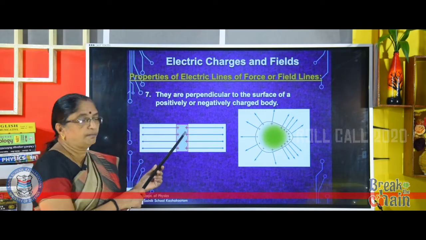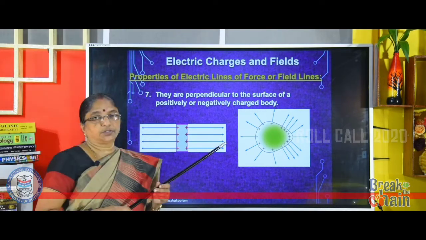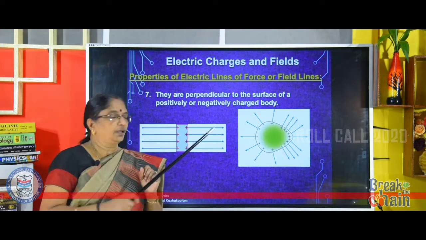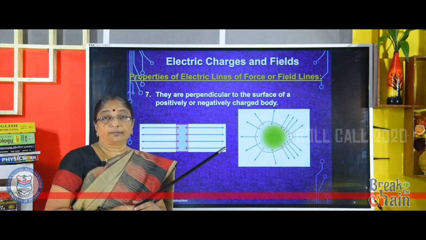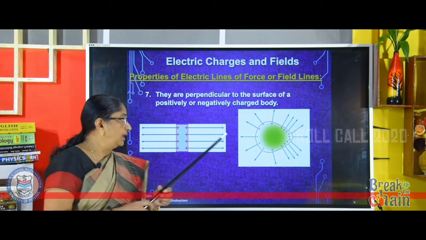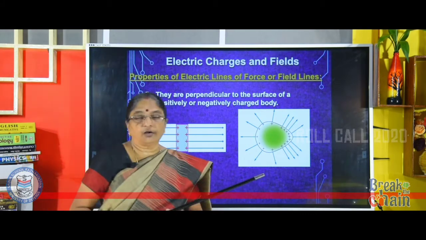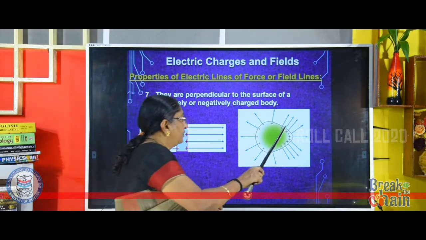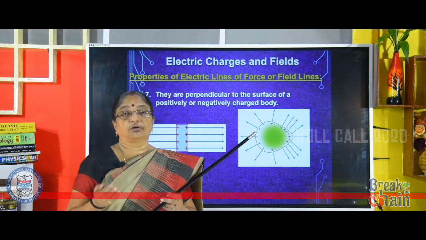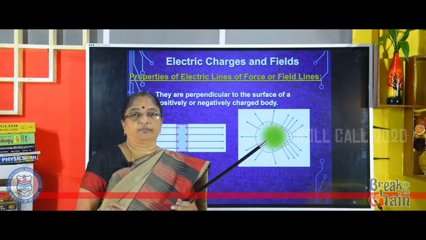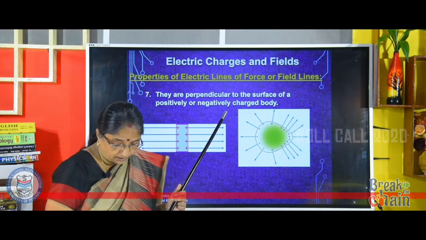And just see this one, a positively charged plate is there, and see how the electric lines of force are drawn, perpendicular to the surface. And this is an irregular shaped body. Everywhere electric lines of force are originating perpendicular to the surface. When you draw the picture, it must be very clear. It must be drawn perpendicular.